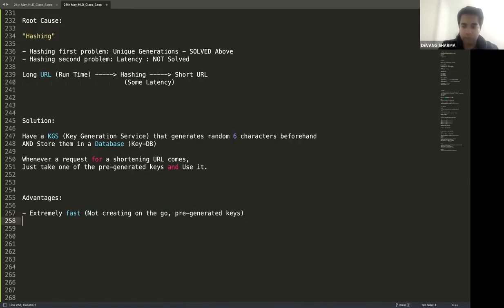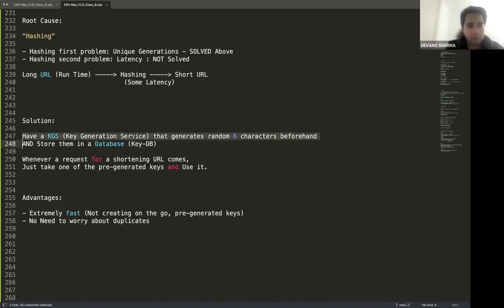I will answer everything. There is no need to worry about duplicates here. When I say duplicate, understand what I mean. Duplicate does not mean that I would generate duplicate keys. That will be taken care of by the key generation service. The key will be unique.